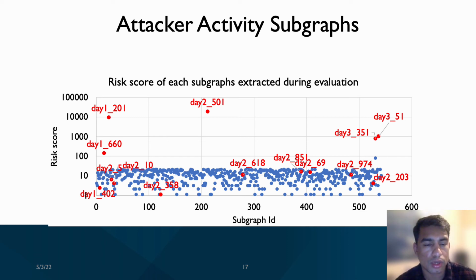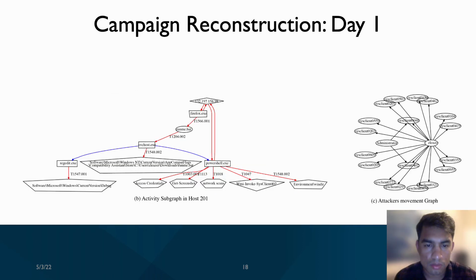Some of the compromised user subgraphs have a risk score that blends well within those of benign subgraphs. That is mostly because the attacker leaves a very small footprint on some of these machines and moves to the next one. We need to perform the temporal correlation between these subgraphs and the user host movement graph in order to come up with the decision for these subgraphs.